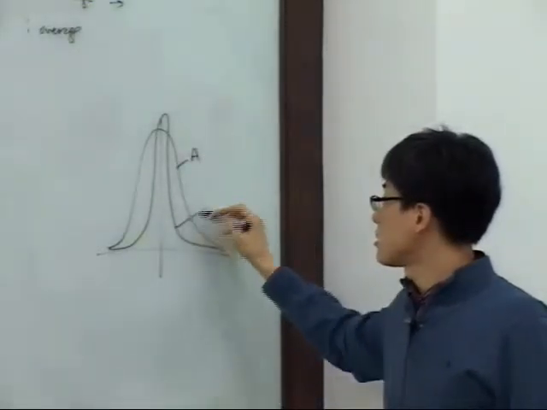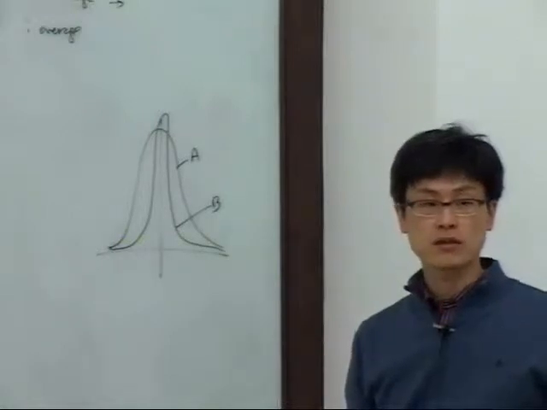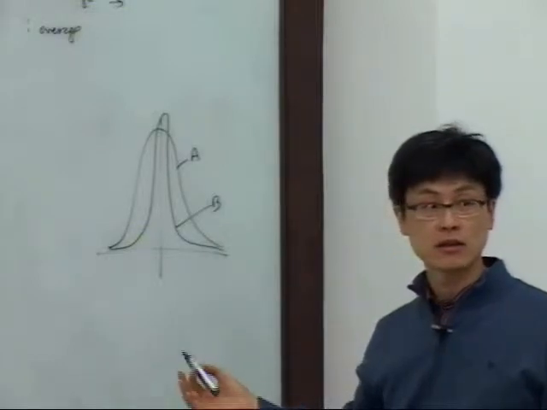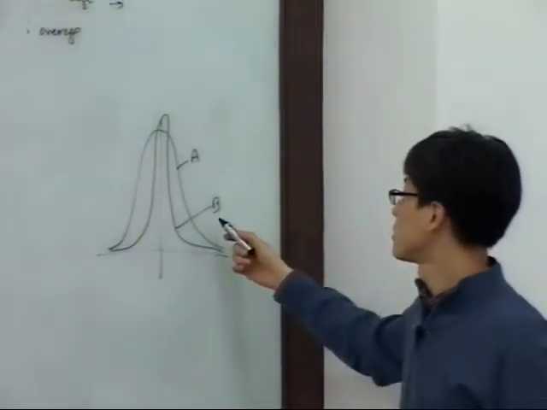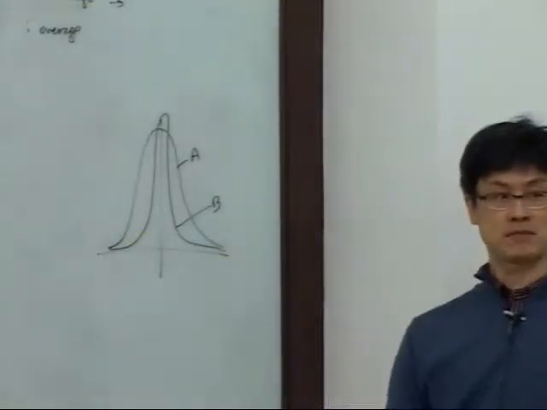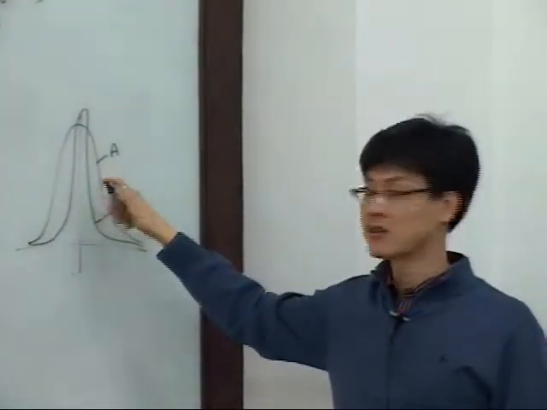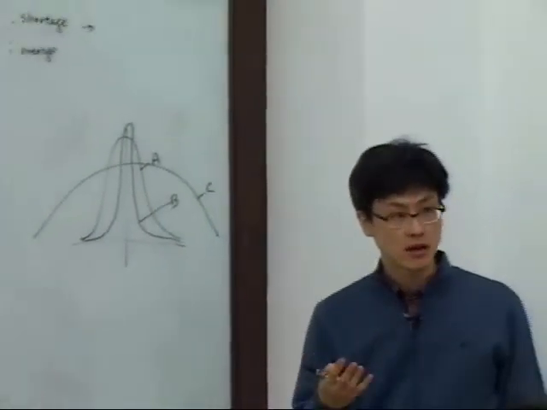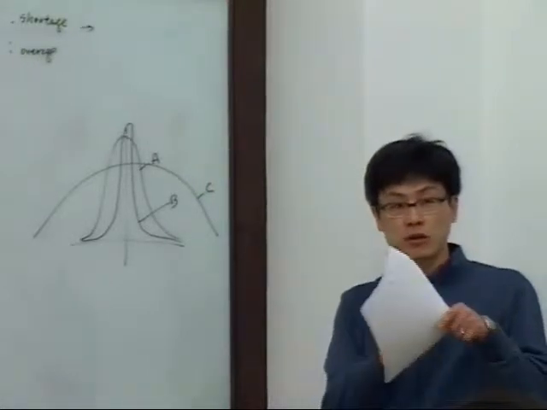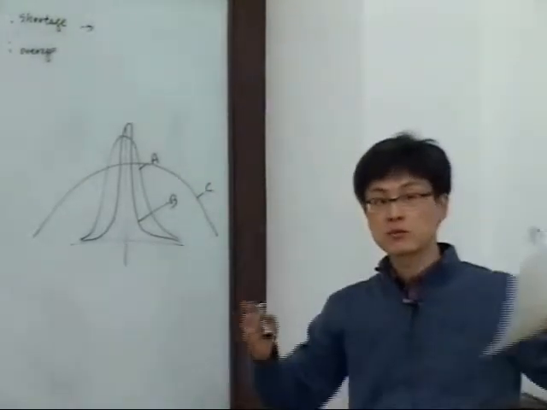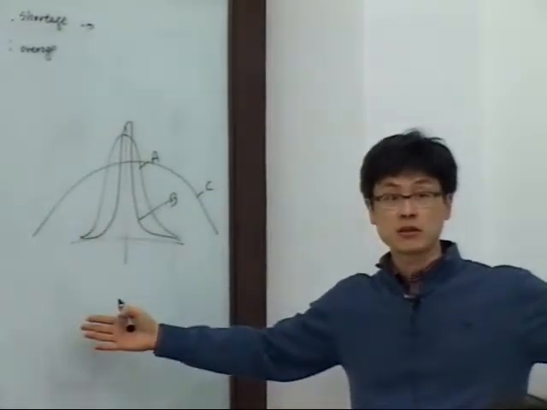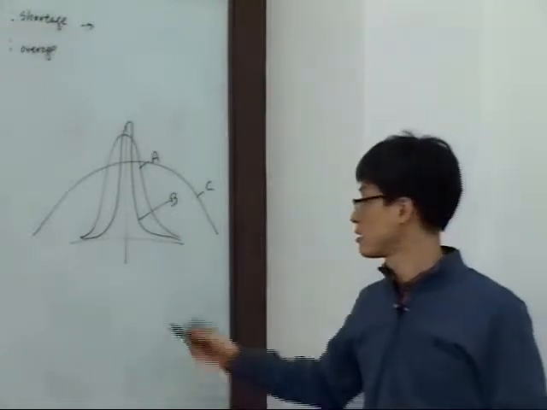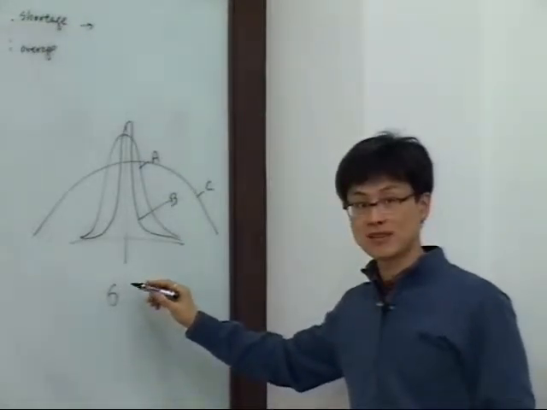Let's say this is A and this is B. Which one has higher variability? A. Let's say this is C. Which one has higher variability? If the normal bell shape is spread, the variability becomes very, very large, right? Which means that one has a higher standard deviation, right?